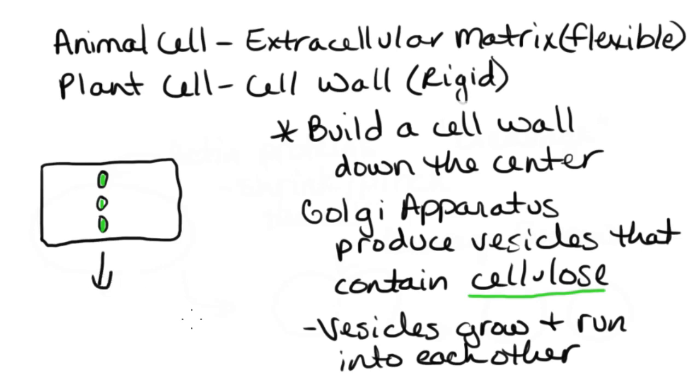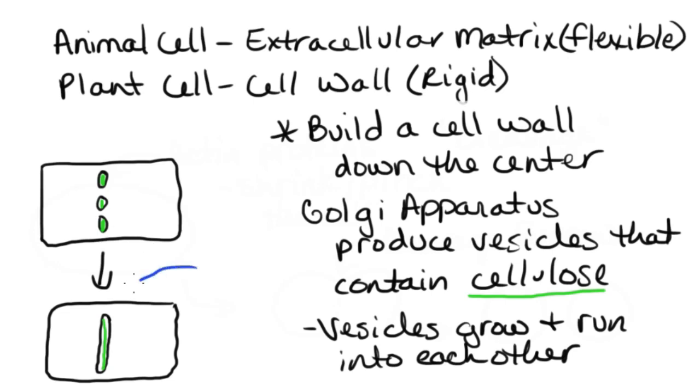So this is going to become a cell that looks like this. And now we've got a big vesicle down the center where all of those have run into each other. And we still have this cell wall material down the center. That is going to be what we call the cell plate.